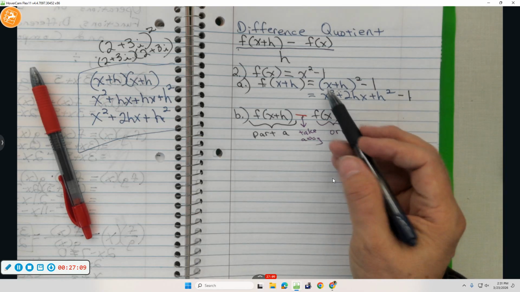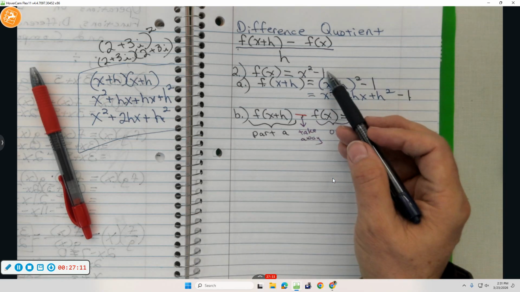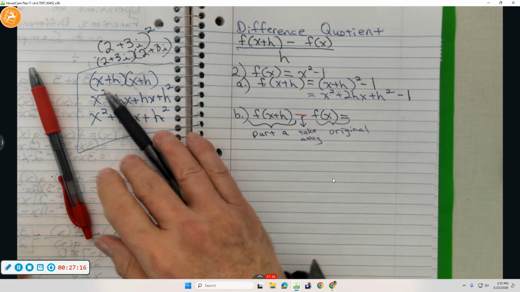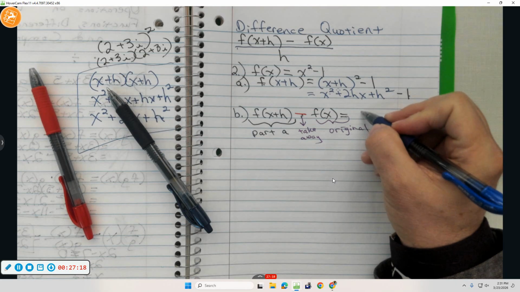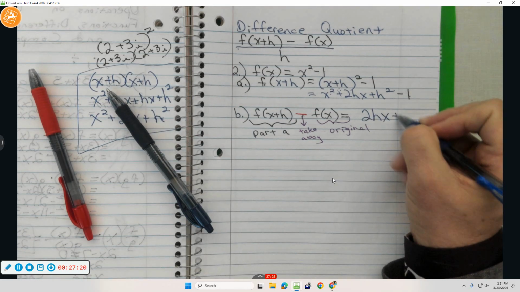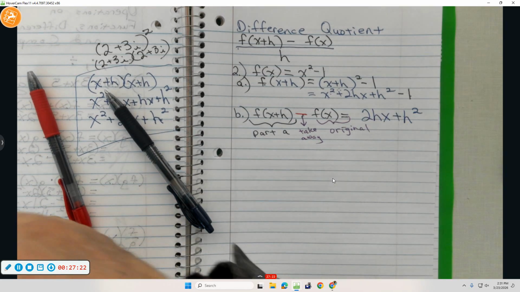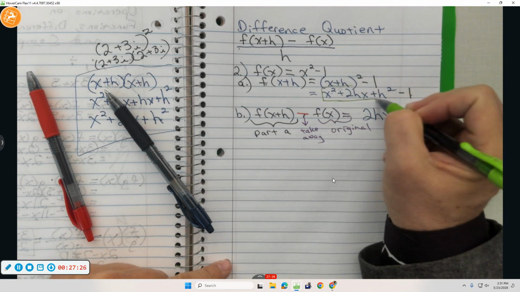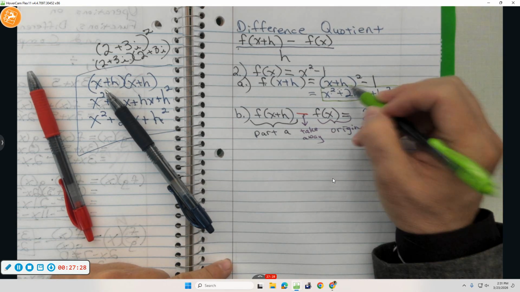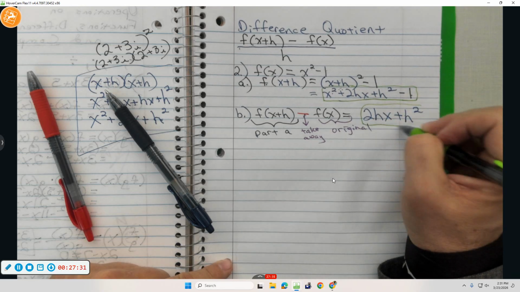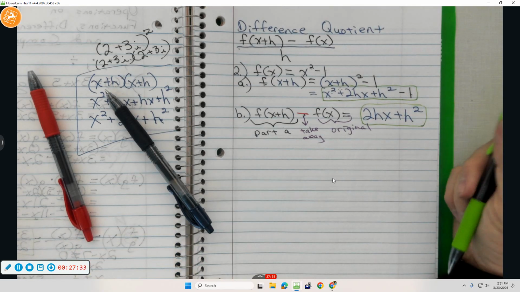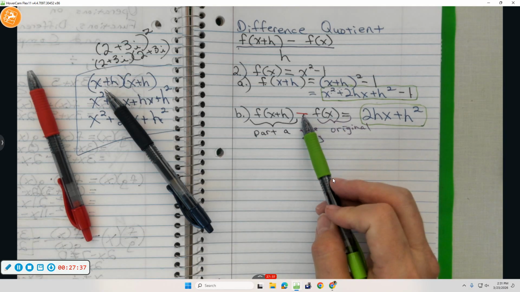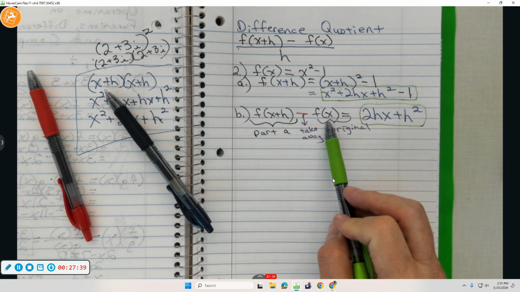You drop off every term that appears in the original function. You're just left with 2hx plus h squared. And I didn't box in my answer for part A, did I? There's A. There's B. You take what you just found and take away the original terms.